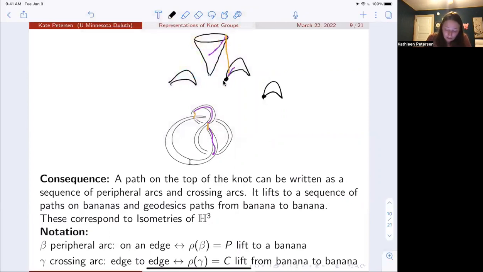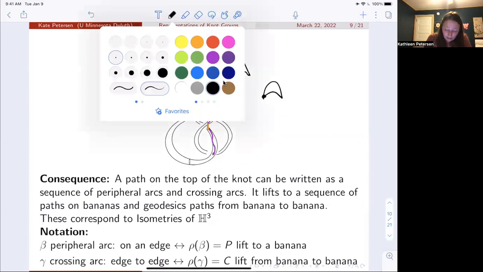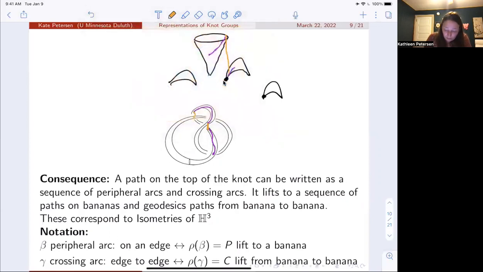So my orange geodesic goes, if you can imagine the geodesic starting here and then intersecting at that endpoint, then it's going to go all the way through down to there, and it'll hit the banana there. So something like that.